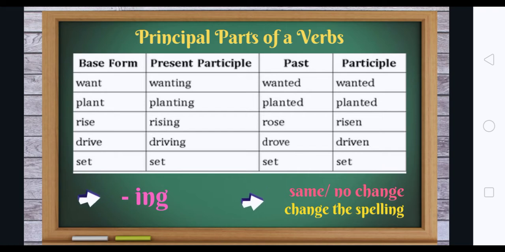Some change in the spelling. Example, wanted, wanted. Change in spelling, rose, risen. Drove, driven. As you can notice, change in vowels, the A, E, I, O, U, from O to I. Then we also add N at the base form of the verb.